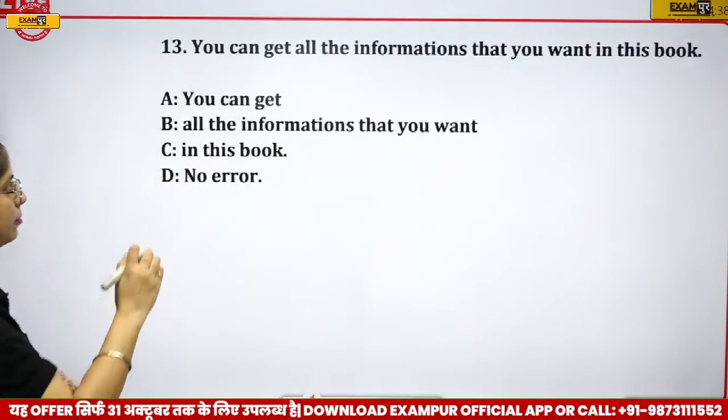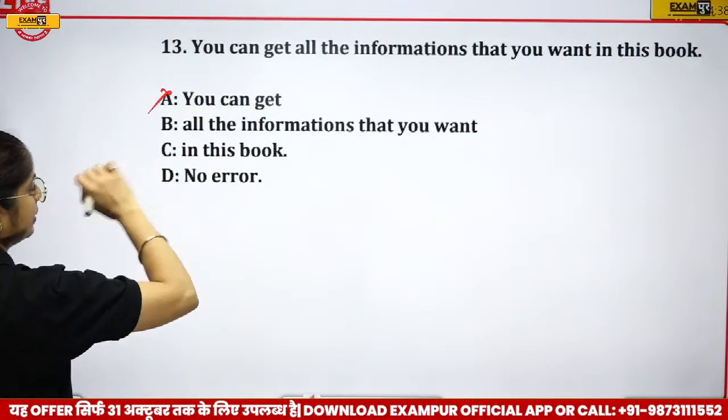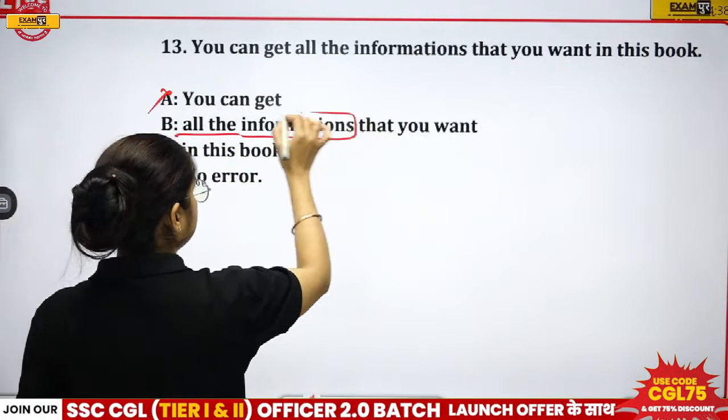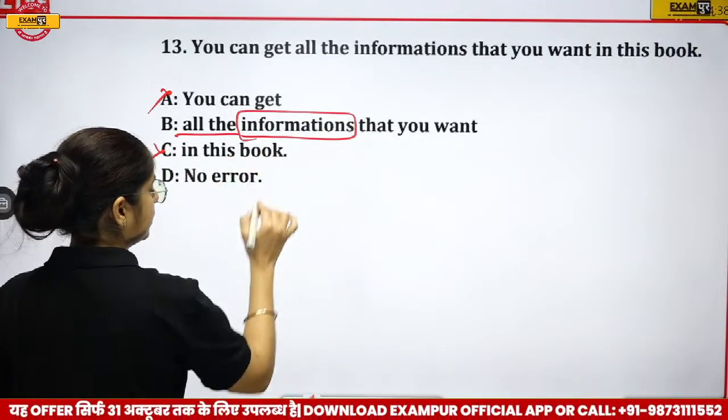The error lies in part B. For sure, you can get correct, cancel it. In this book, correct, cancel it. All the informations, the part that is erroneous is this.